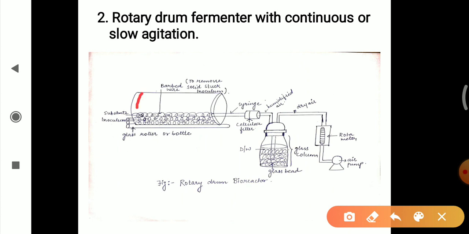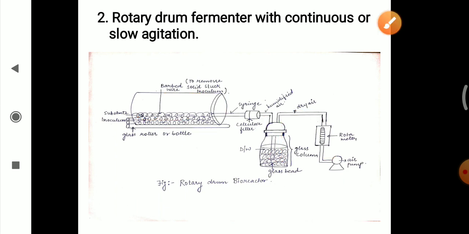This is the roller bottle that is placed on the glass roller system. From here the air will be pumped, and it will pass like this and be injected.